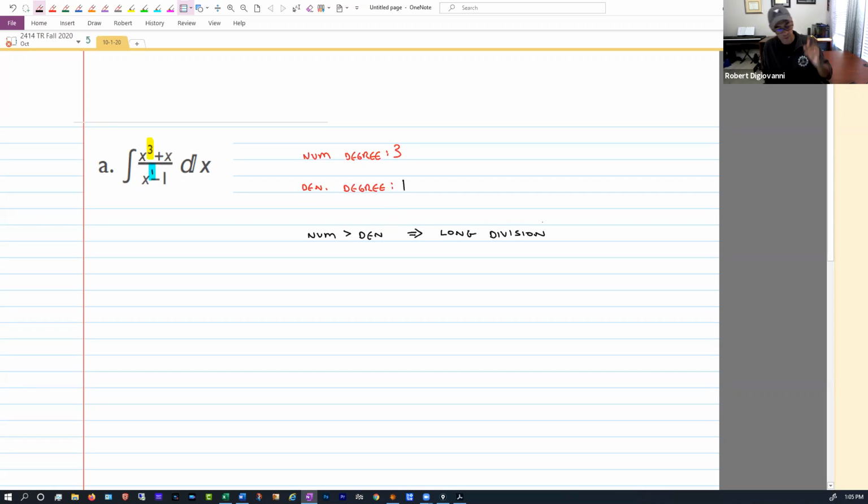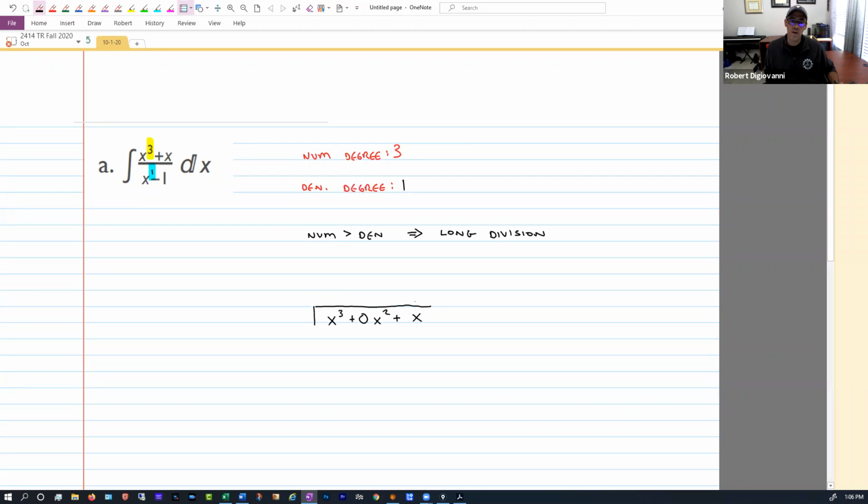Now, long division is something that you learned a long time ago, and we need to be able to do it. So here's what we're going to do. Our good old division box. And inside that division box goes the numerator. I'm going to put x cubed plus 0x squared plus 1x, or just x.